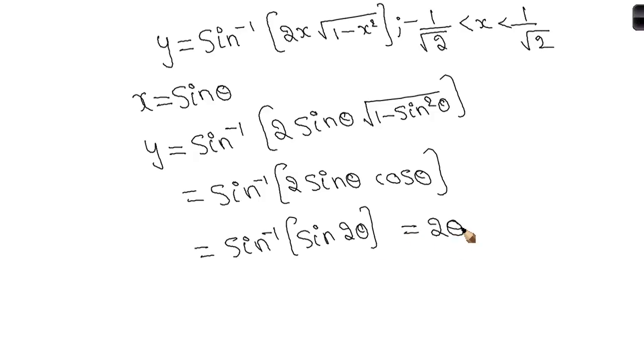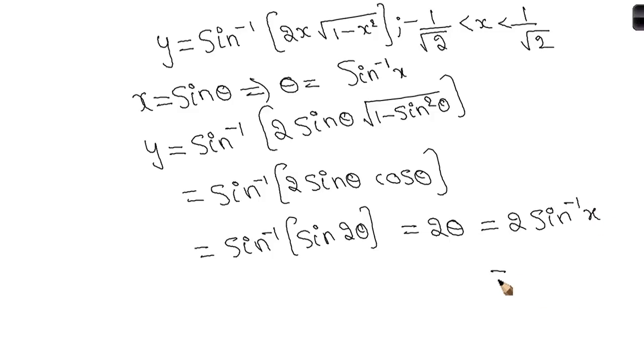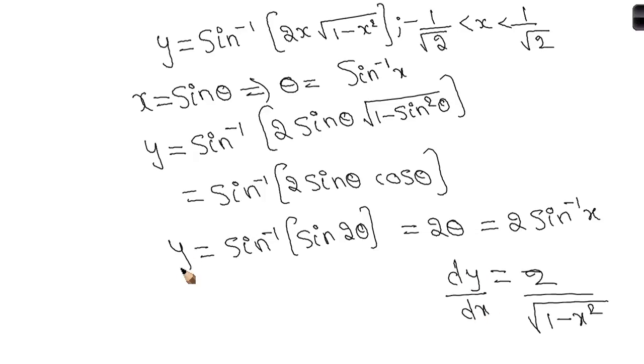If x is sin theta, theta would be sine inverse of x. So this would be 2 times sine inverse of x, whose derivative is 2 by root of 1 minus x square, which is the derivative of y with respect to x.